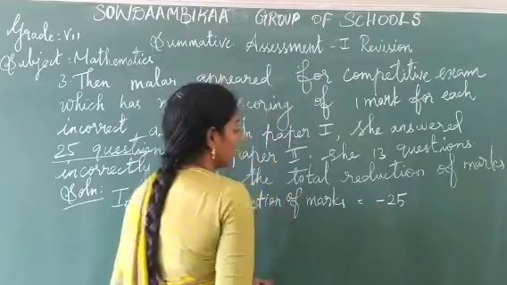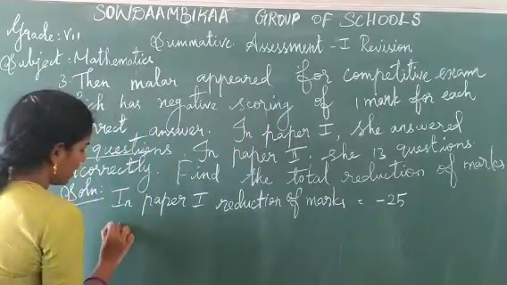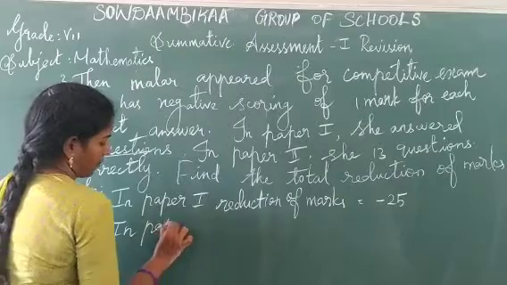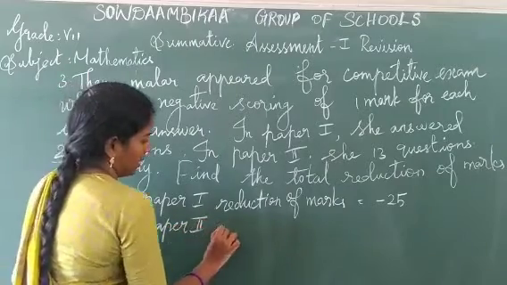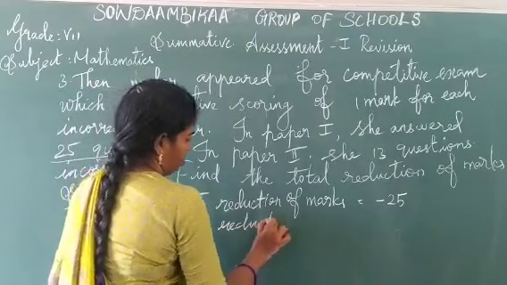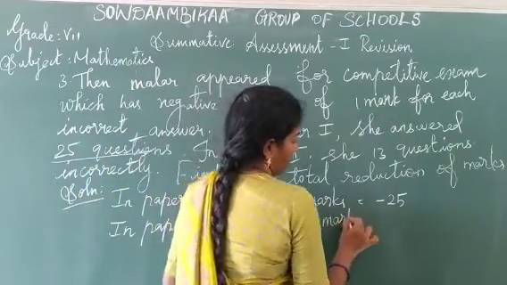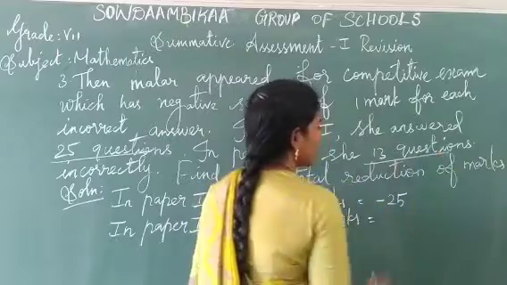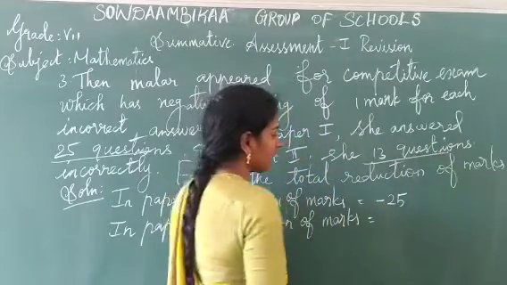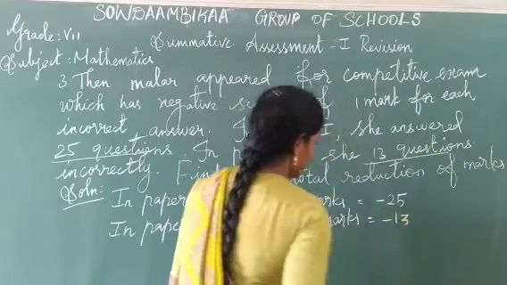That is the negative sign. Then in paper 2, reduction of marks. How many marks? 13 questions incorrect, so we put minus 13.